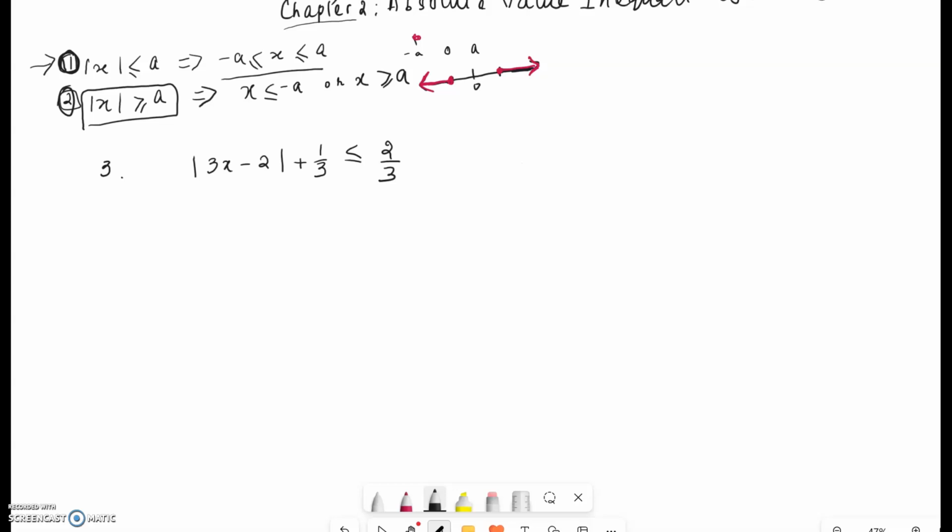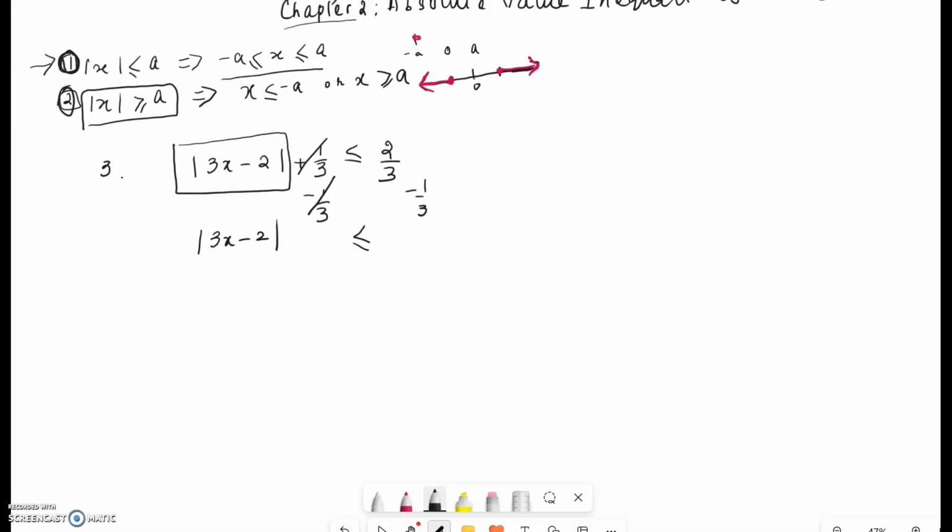Let's do one more. Remember, the first thing is to solve for the absolute value term. So we subtract 1/3 from both sides. Subtracting the exact same number from both sides does not change the direction of the inequality. So that's the absolute value of 3x minus 2. That's a 0.